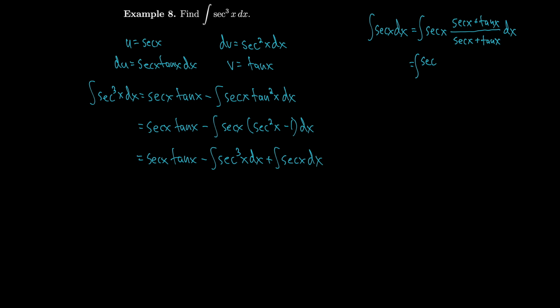So I multiply by 1, which is secant plus tangent over secant plus tangent, so that's fine. I end up with secant squared plus secant times tangent over secant plus tangent.